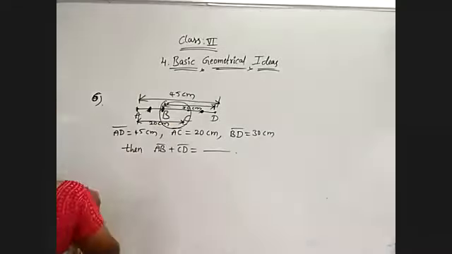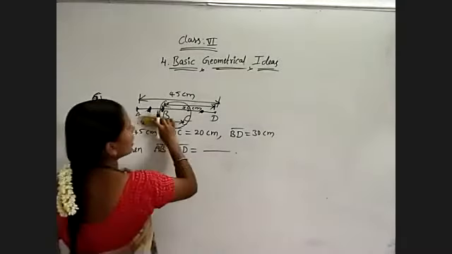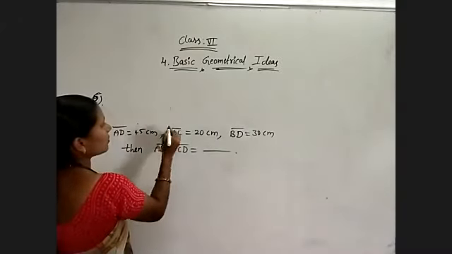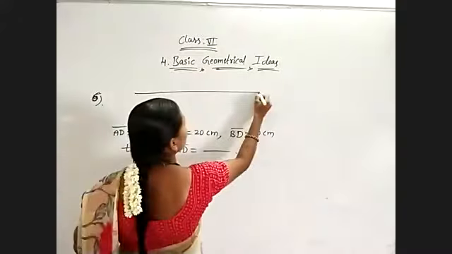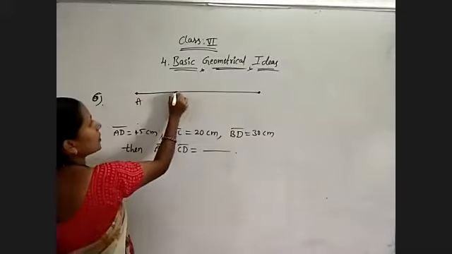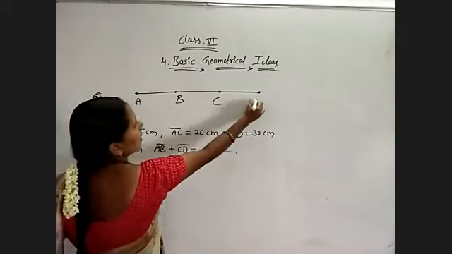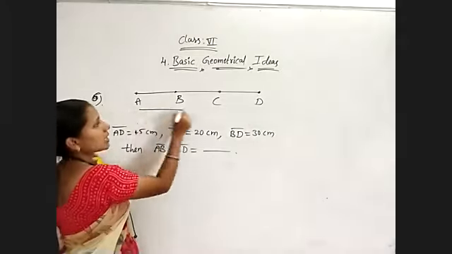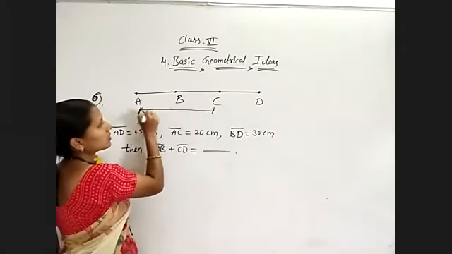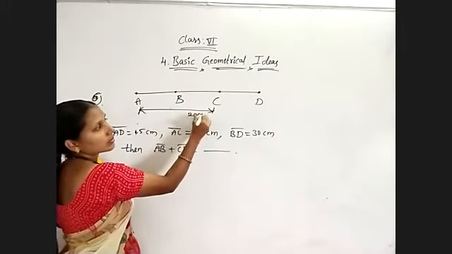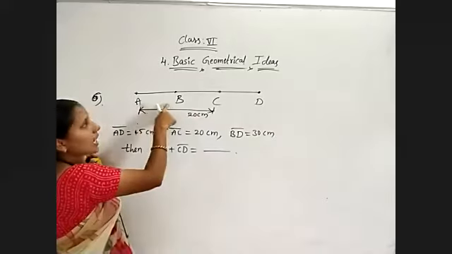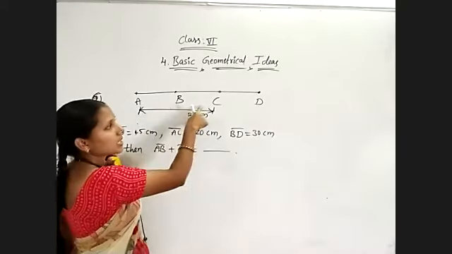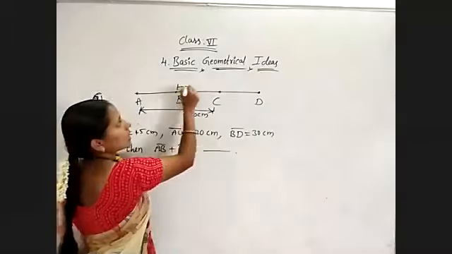Okay. So just observe, once again I am drawing the figure. According to that figure you will understand very easily. A, B, C, D. AC is 20 centimeters. That means AB plus BC equal to 20 and BC plus CD equal to 30 centimeters.